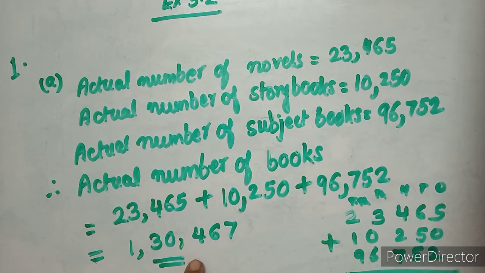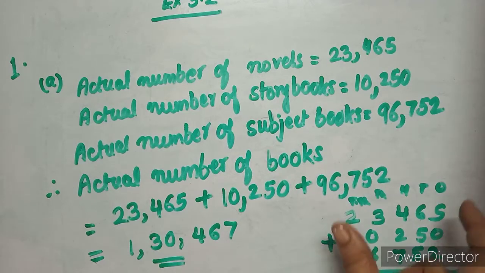So I have added it up and I have written the answer. तो आपको भी ये एडिशन करने के बाद ये आंसर आना ज़रूरी है. सो ये जो एडिशन है ये आप खुद से करोगे. ठीक है. So you are getting the actual number of books as 1,30,467.